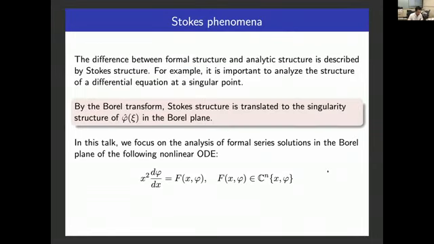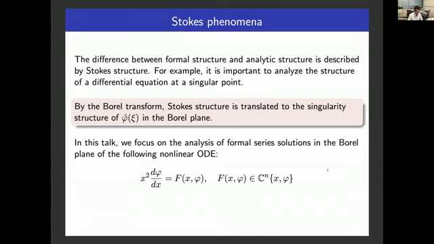So in a sense, we can say that the difference between formal structure and analytic structure is described by Stokes structure. And Stokes phenomena occurs as a gap between these two structures, formal structure and analytic structure.